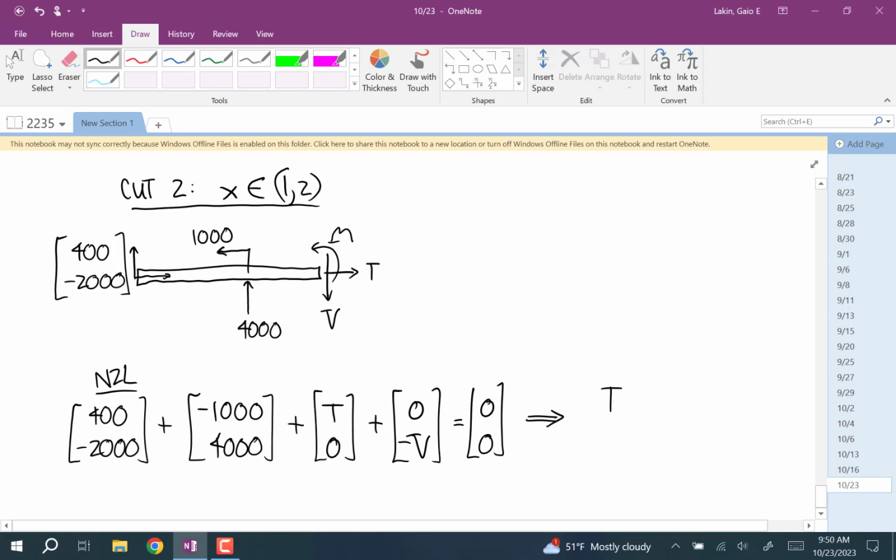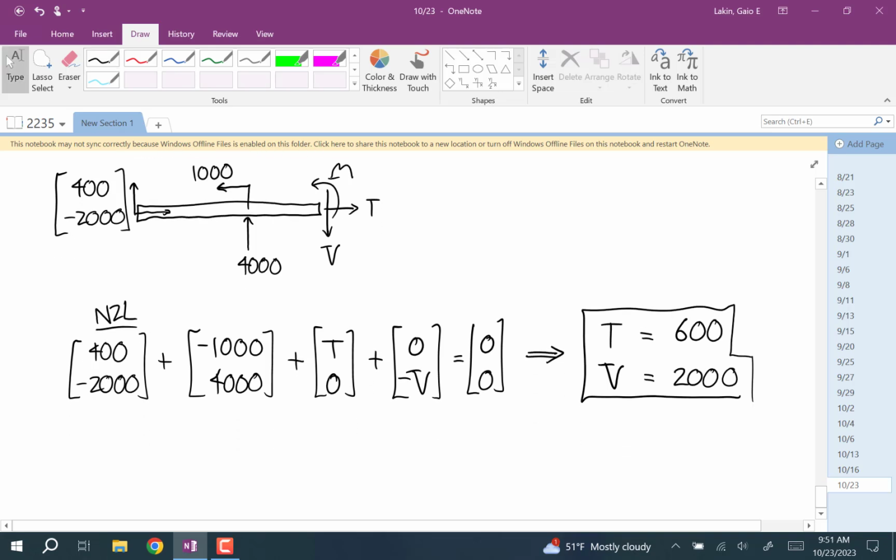And you get T is equal to positive 600. V is equal to positive 2,000. And the moment equation: nothing for the stuff on the left, nothing for the 1,000.